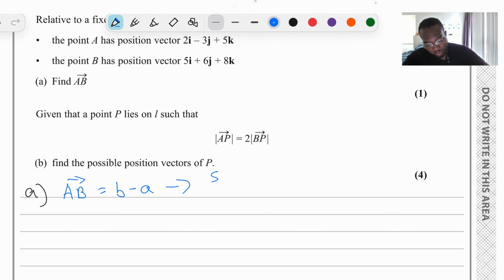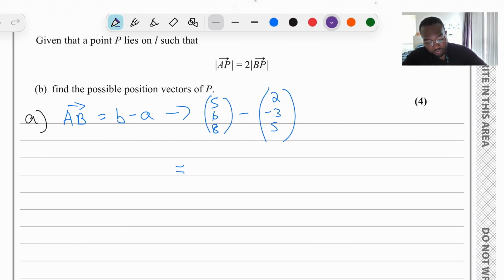So in column form, that'll be 5, 6, 8, and that is minus A, which has 2, minus 3, and 5. And if we work this out, we get 5 minus 2 is 3, 6 minus minus 3 is 9, and then 8 minus 5 is 3. So the vector AB is just 3, 9, 3.